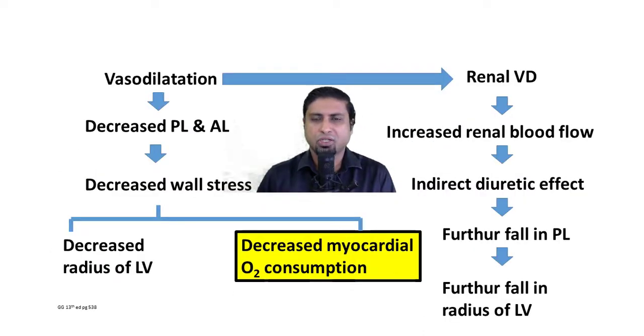There is a reduction in the preload and afterload, reduction in wall stress, reduction in the radius, a reduction in myocardial oxygen consumption, renal vasodilatation, and the consequences which we explained in detail earlier. So that would be the mechanism of action of digoxin as a positive inotropic agent.